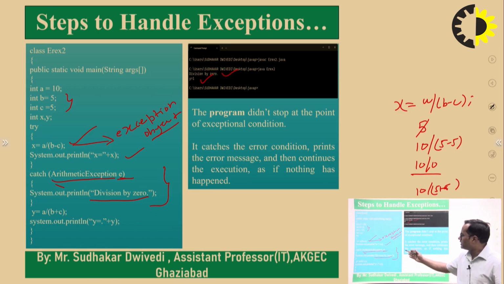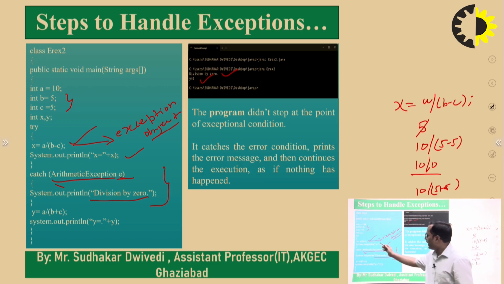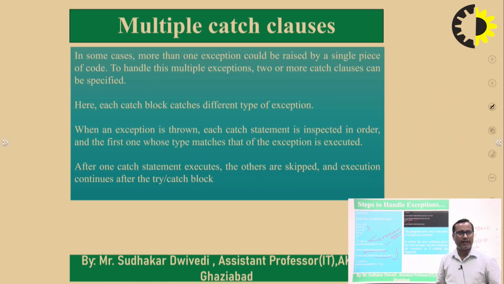So the concept here is, as we know, this particular code or block of code may cause some error condition or exception. We need to incorporate that particular code into the try block, so that it may create an exception object that we can later catch and take the appropriate action.